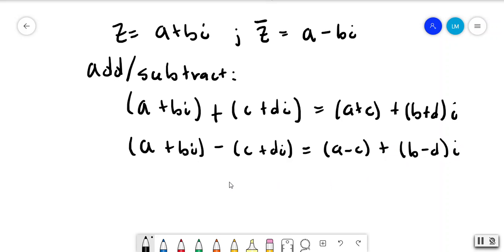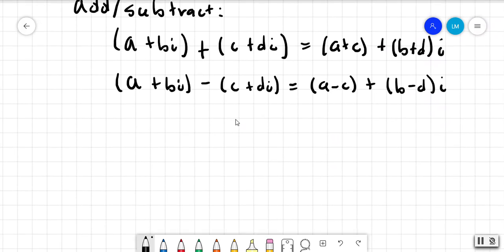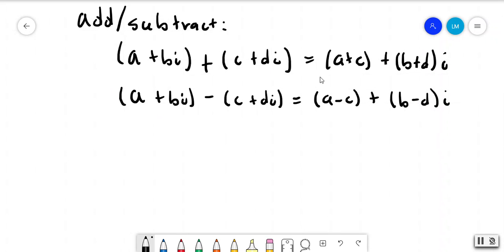These are the complex numbers you end up with when you add or subtract.